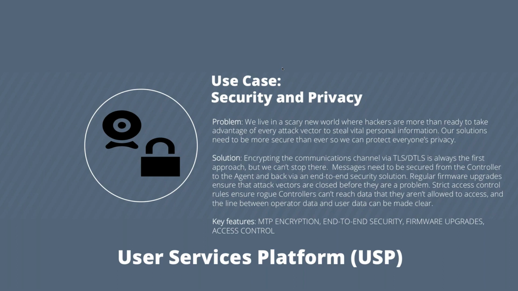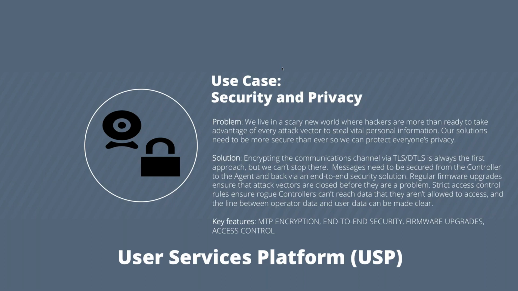We also have an end-to-end security mechanism as part of USP, and this allows us to ensure that messages that are being sent between a controller and an agent are protected end-to-end because there's an encryption mechanism established between those two endpoints. And so any proxy or man-in-the-middle kind of solution that might be in between those two endpoints isn't going to be able to read that communications.